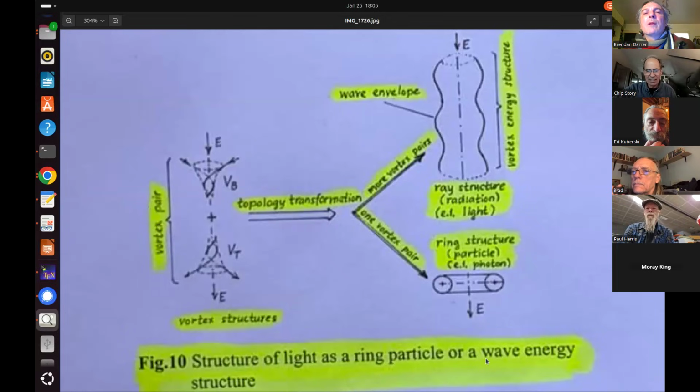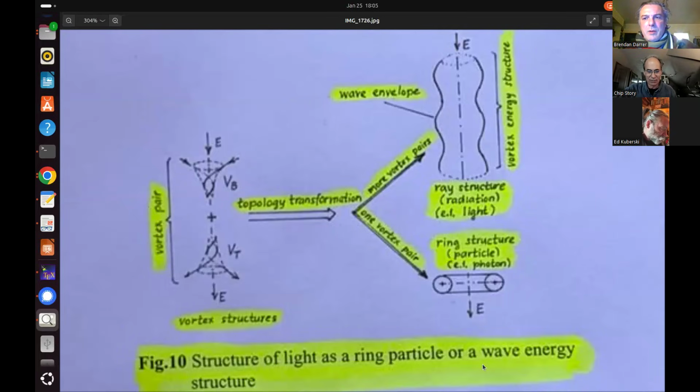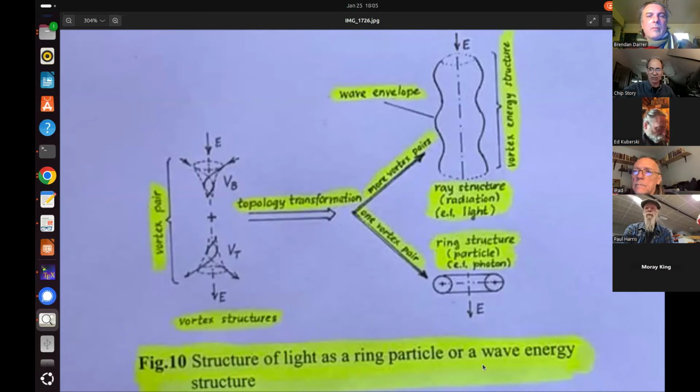And so he is taking an approach where the double recursive braided vortex rings are determining the position and the momentum of light. It's another approach to explaining that double slit experiment. The ring structure is the particle, and the ray structure is a wave field, and the collapse of the wave function.